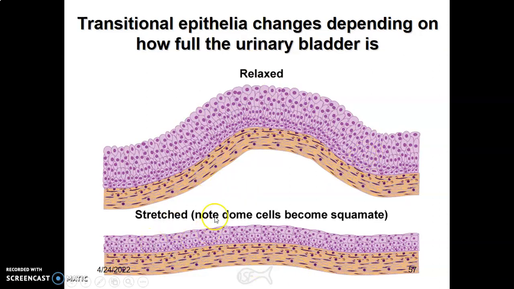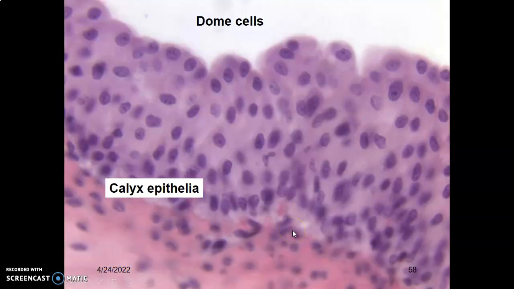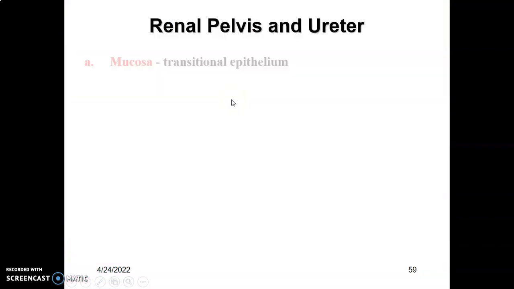So remember, when the bladder is relaxed, you actually appreciate the dome-shaped surface cells, and when it's stretched, the dome cells become flattened. So ability to stretch and expand. You can appreciate here the dome cells. So it means it's relaxed, and when it's stretched, they'll become flattened.